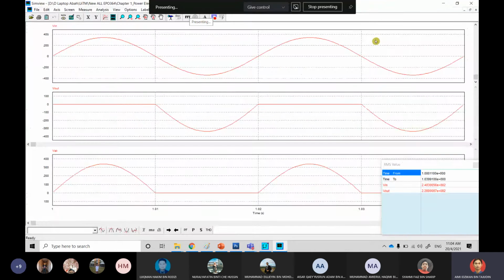So apa yang kamu boleh nampak dekat sini bila saya trigger kepada 180? Apa yang kamu boleh predict ataupun observe daripada waveform ni? V in, V out dan VAK.